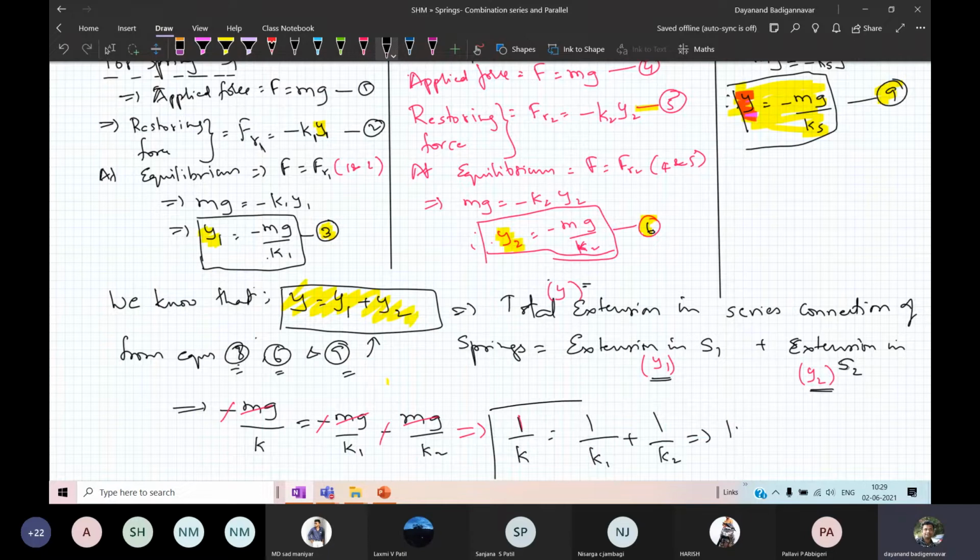If I have two springs whose spring constants are k1 and k2, I can find the resultant spring. Here it should be 1 upon ks. So the resultant spring constant is 1 upon ks equal to 1 upon k1 plus 1 upon k2, or I can write it as ks is equal to k1 k2 divided by k1 plus k2.